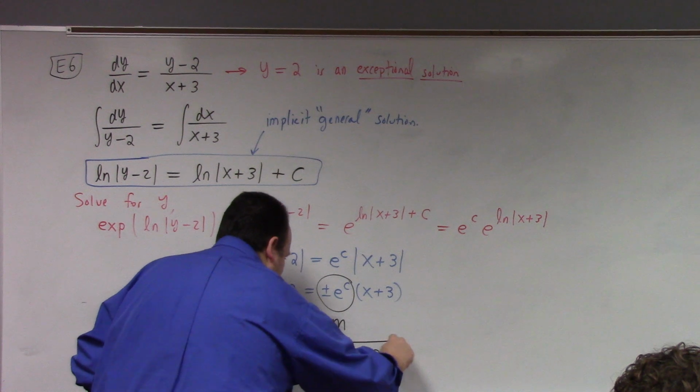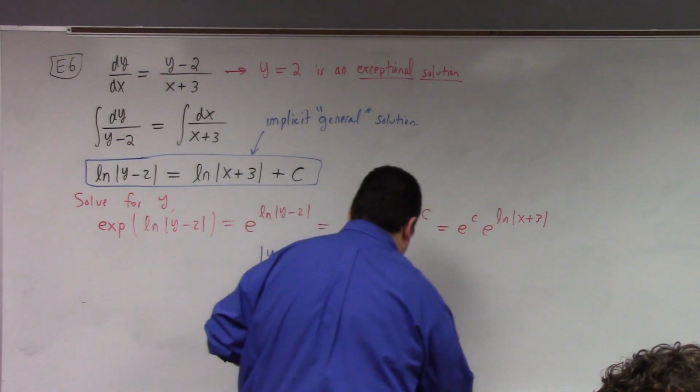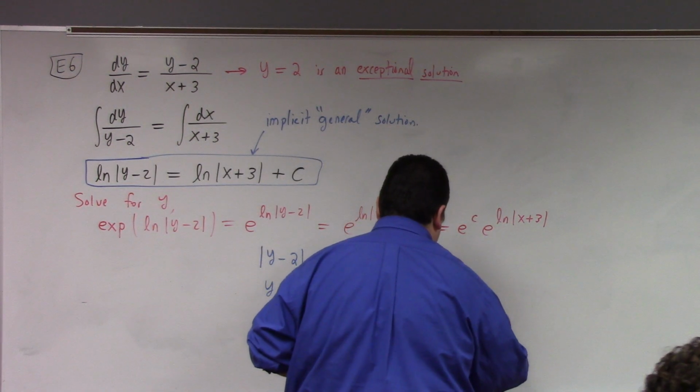So it's kind of funny, but if you do the algebra, and you forget about where the m came from, m equals 0 is entirely reasonable. Because m equals 0 is what? m equals 0 is the y equals 2, right? But if you think about it for a second, m is plus or minus e to the c.